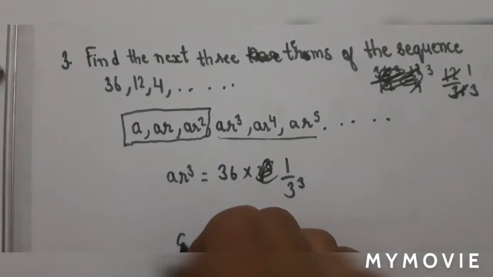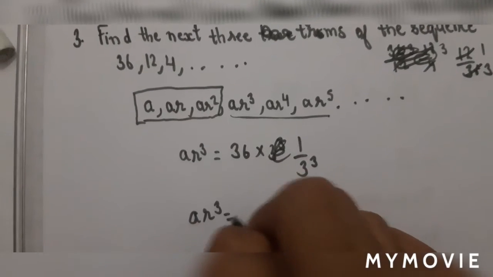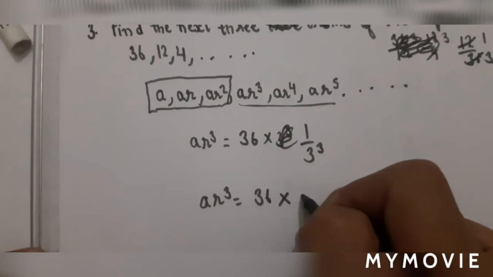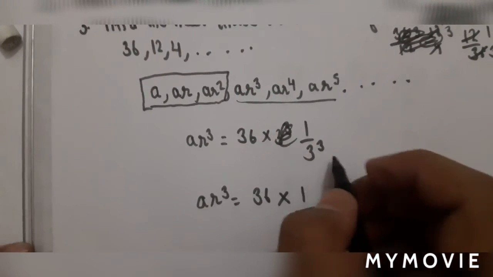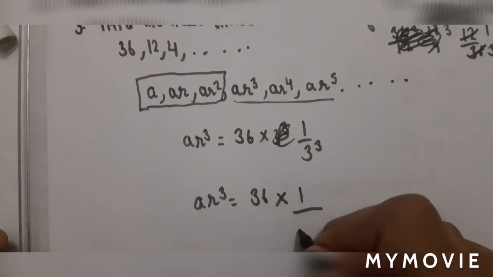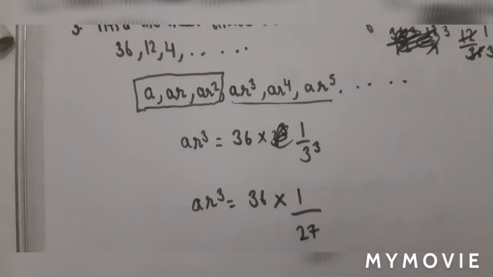So AR cube is equal to 36 into 1 by 3 cubed, which is 27.